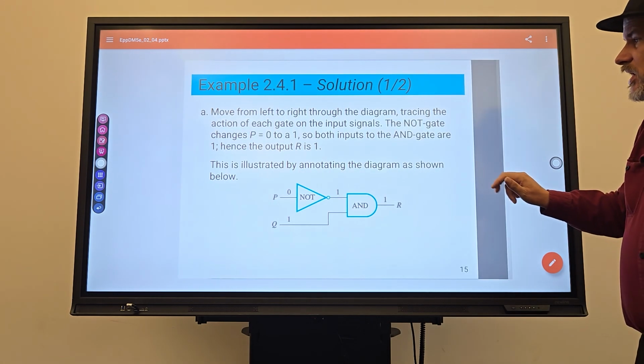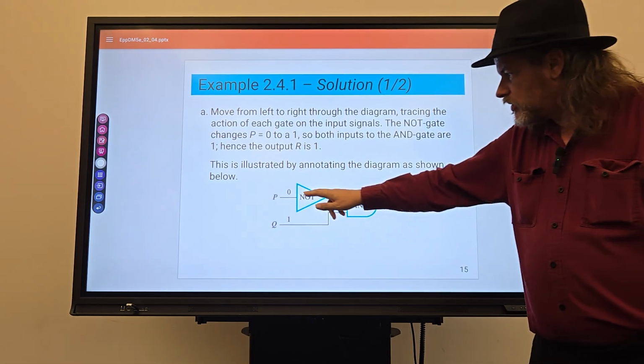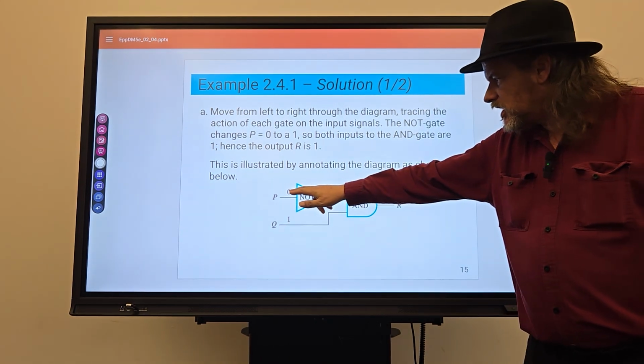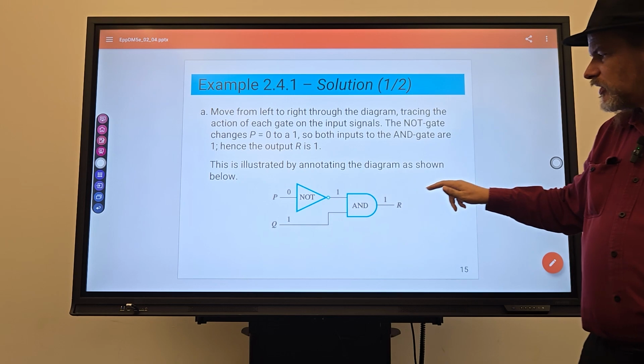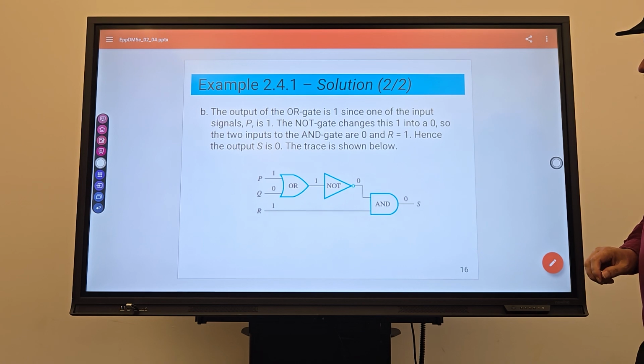So you can trace, write down the input values at each step along the way until you get to the output. But you move left to right through the diagram. Likewise with the second circuit.